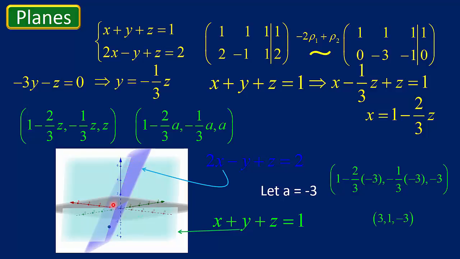And look at this intersection here. See that line where they come together? Here is the particular point. When I let a equal -3, that's that point. Now, I can generate solutions all day, for points on this line of intersection. But this is the best we can do with this. There's not a unique point of intersection.